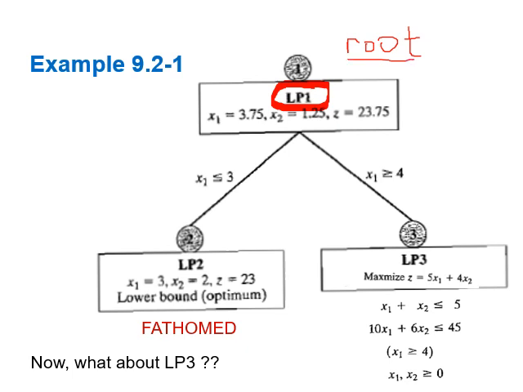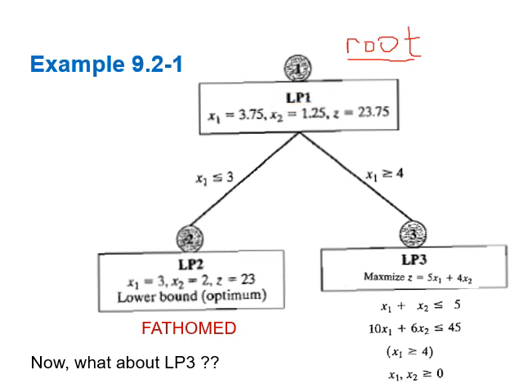So you can see that this is like an upside-down tree. The root is at the top and these are the branches. So we start with the first LP relaxation, which is called LP1, and solve it. And when we solved it, we got x1 equals 3.75 and x2 equals 1.25.